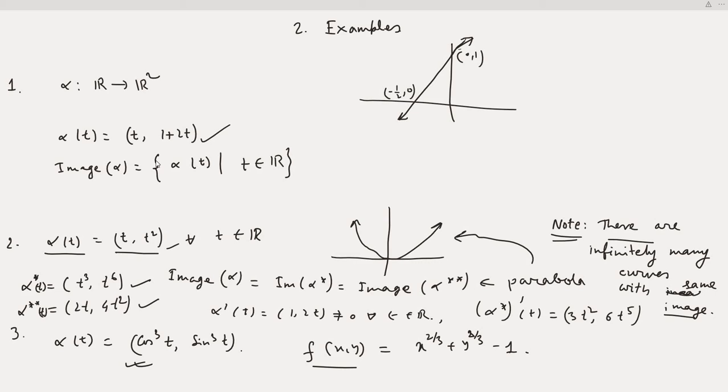Then we note that there are infinitely many parameterizations for parabola. Next example is alpha of t equal to the ordered pair (cos cubed t, sin cubed t), and this is the corresponding function f(x, y) equal to x to the power 2/3 plus y to the power 2/3 minus 1, the set of all zeros.